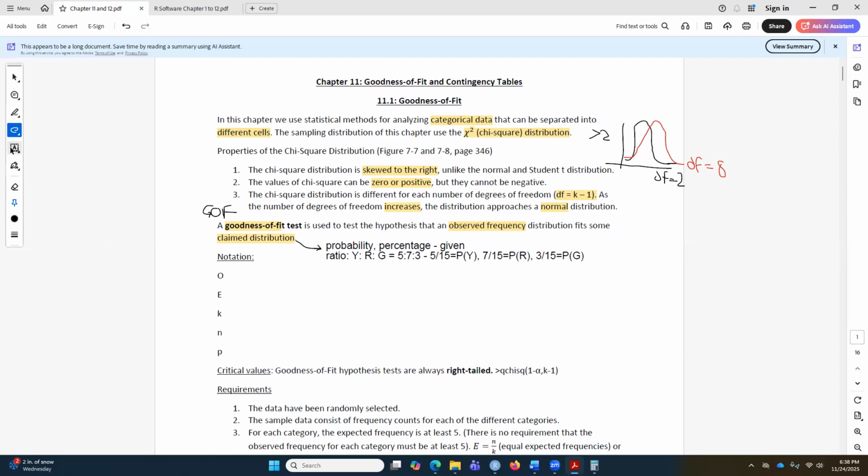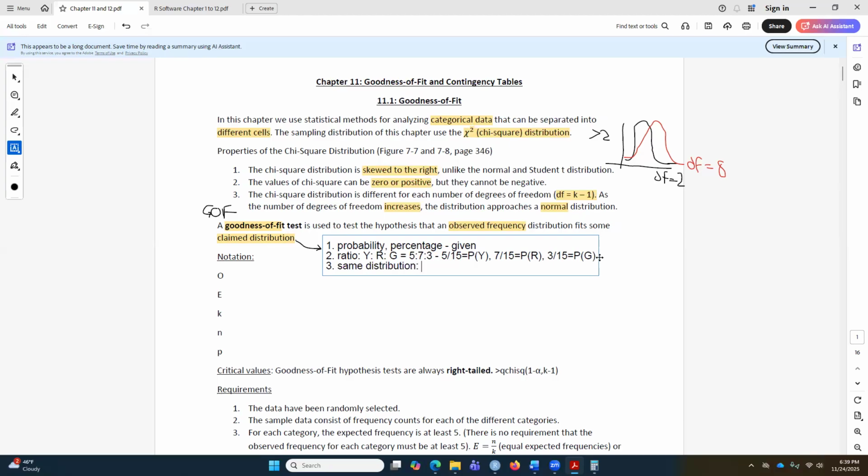So it can be written down as 1, the claim distribution is given to us as probabilities in the question. 2, the question gives us a ratio like what we just did over here between 3 groups. Sometimes it can be more than 3. And the third one is if the claim says they have the same distribution.